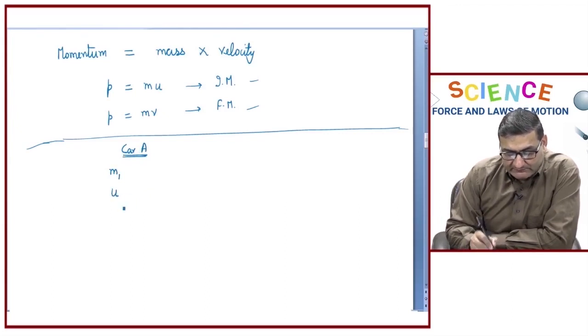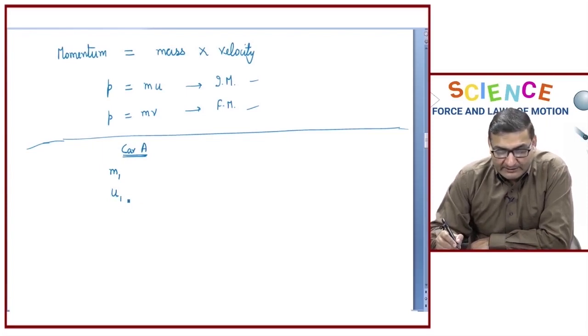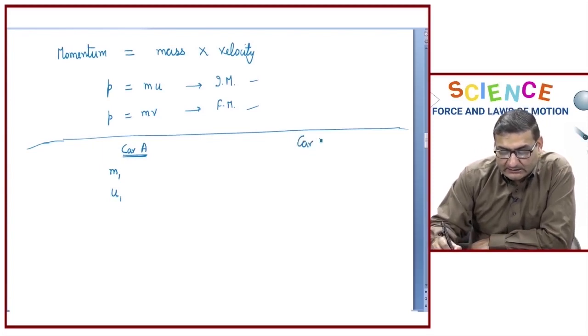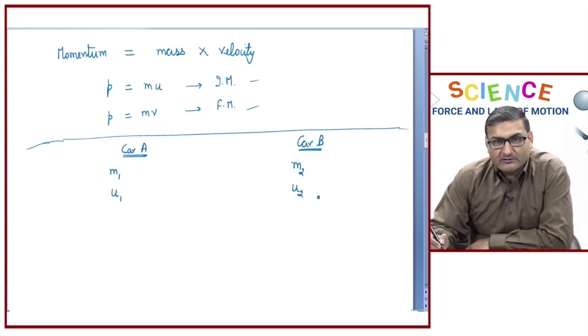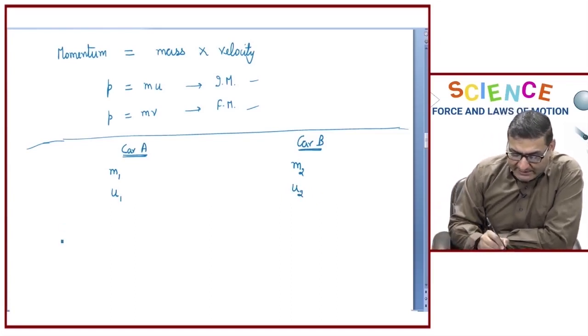The initial velocity with which it was moving is taken to be u1. And there is another car B with mass, let us say m2, and initial velocity u2.